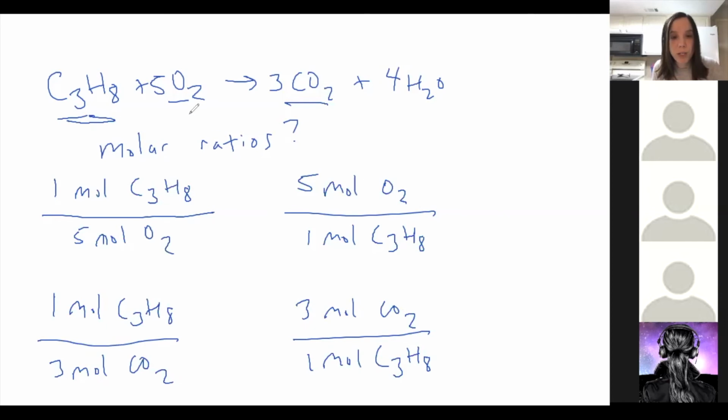We could also relate either of these products to the other, either of these reactants to their products. So we could also relate O2 to H2O or C3H8 to H2O. So we could also say that for every 5 moles of O2, we would get 4 moles of H2O.